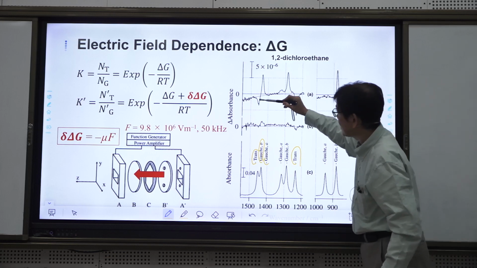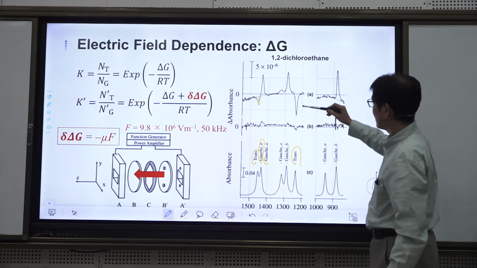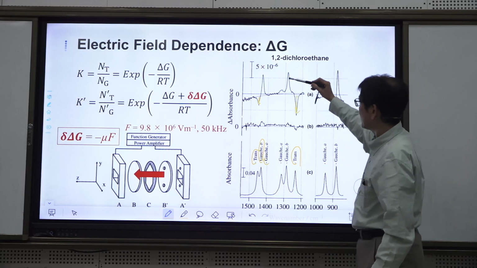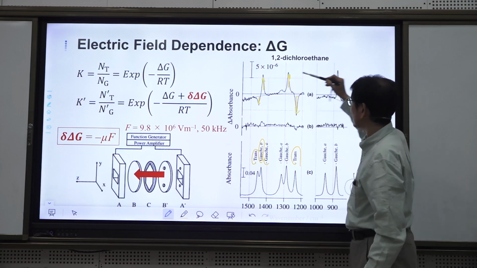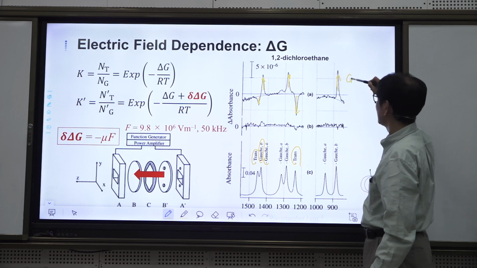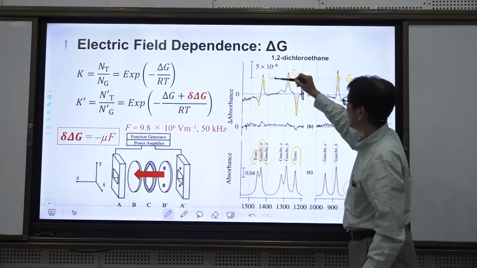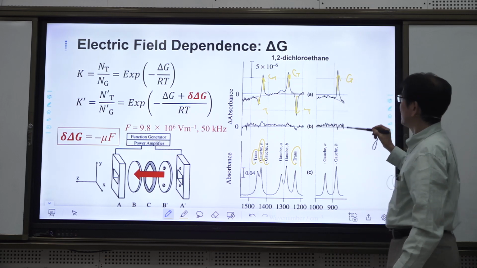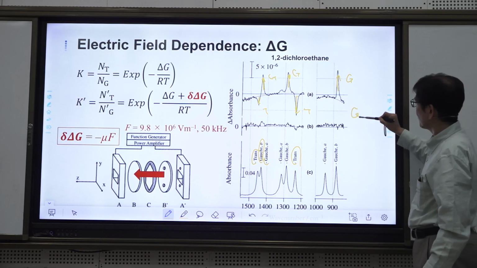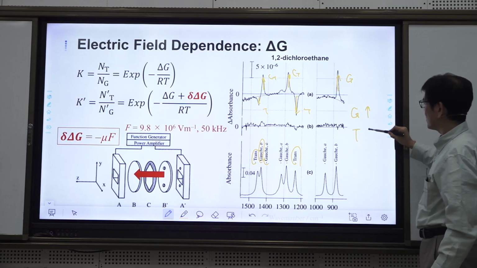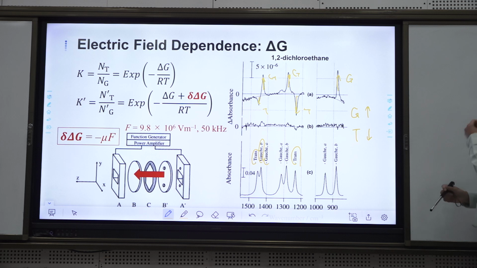Then trans decreased, gauche increased. So from this result, we can expect gauche is energetically stabilized relative to the trans form, and the population increased.